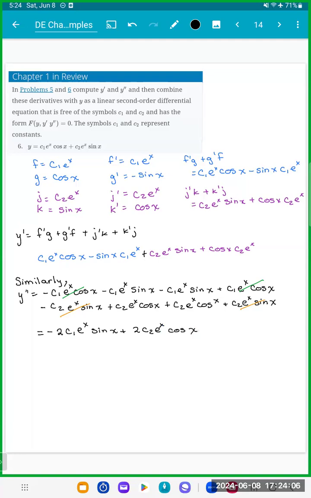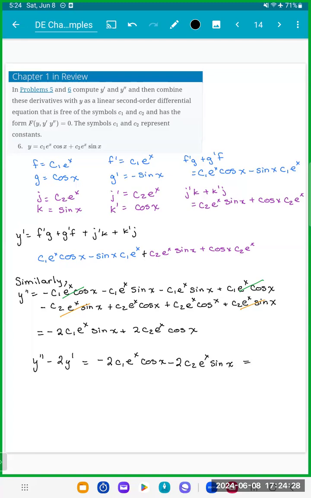So that gives us that y double prime minus 2y prime is equal to negative 2c1 e to the x cosine of x minus 2c2 e to the x sine x.